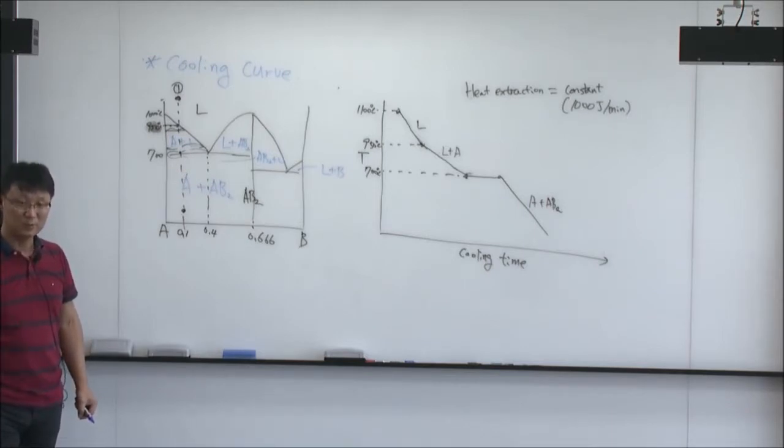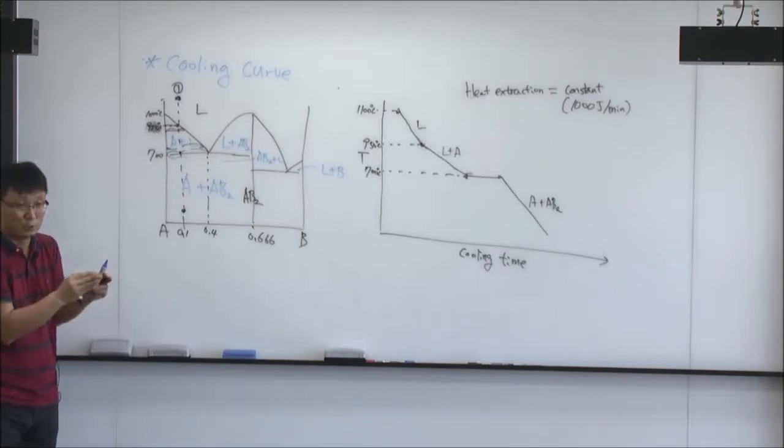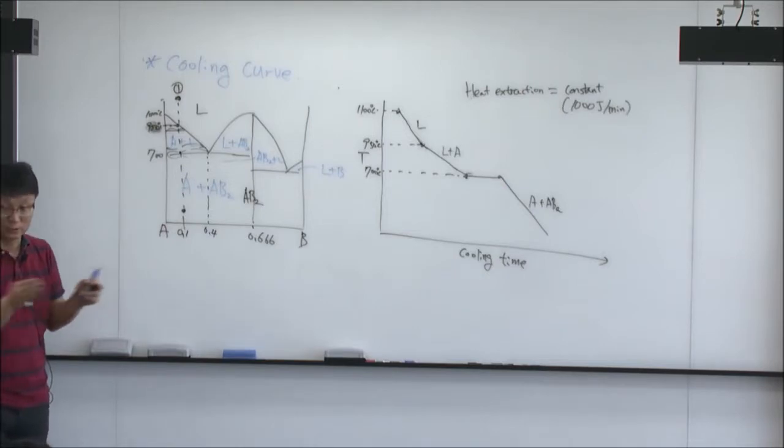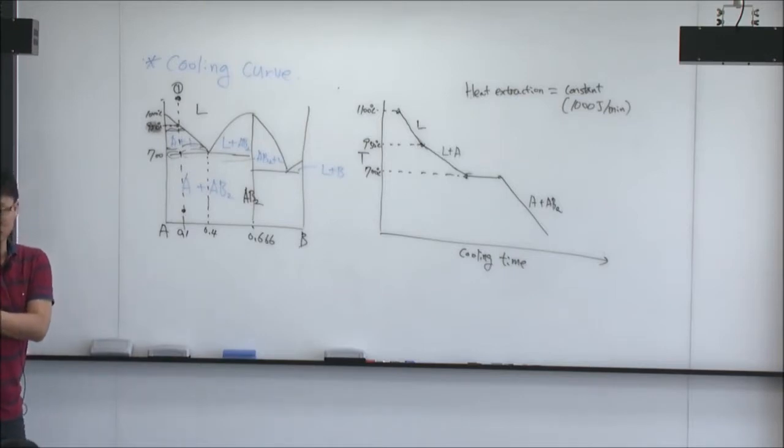Is it possible in 1 second? No, it's not possible, not instantly. It takes time to change the actual state. Liquid should go from 20% to become 0, so there's time needed to consume all the liquid and transform it to solid. It's exactly the same as water.